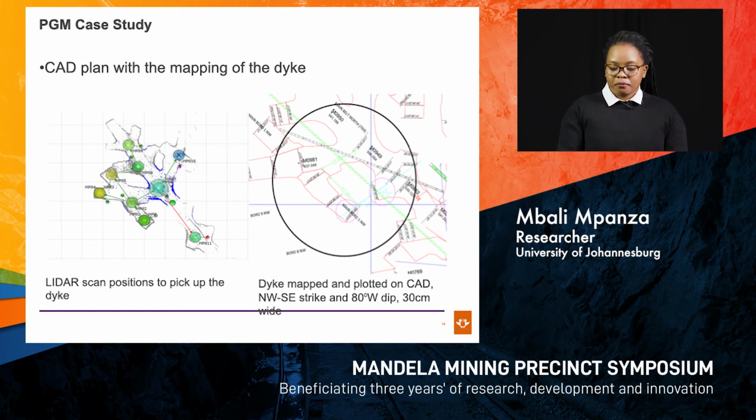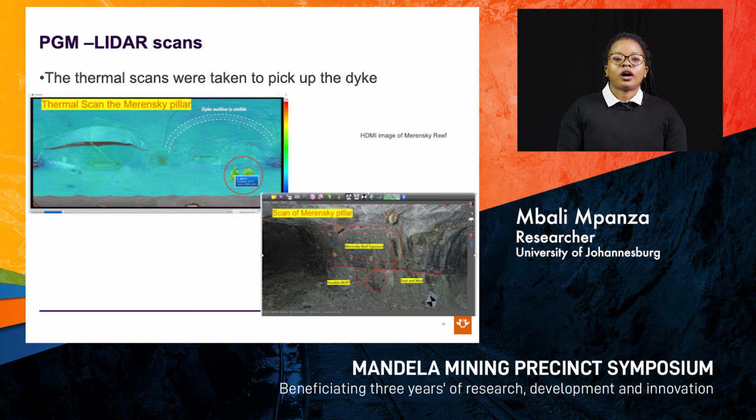So we did both the mapping and the scanning of the dike. What we also tried was a thermal scan of the dike. The purpose of a thermal scan is to show you the different reflectivity indexes of the different lithologies, the different rock types.